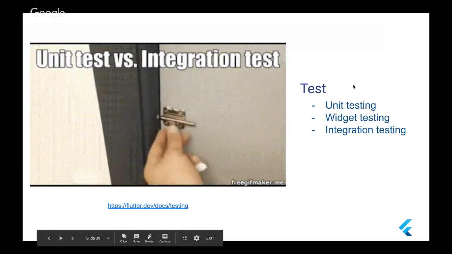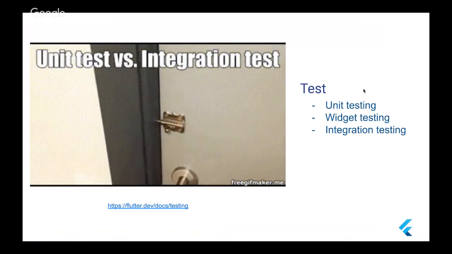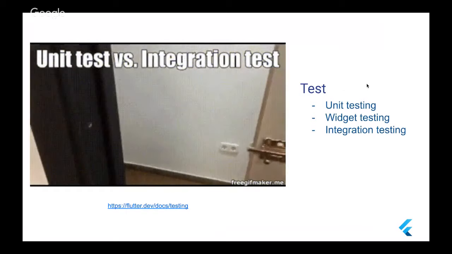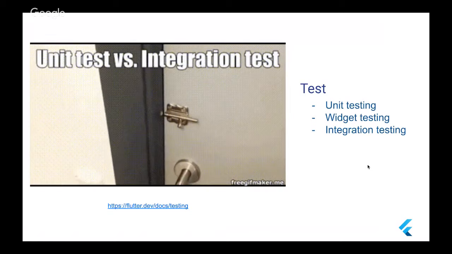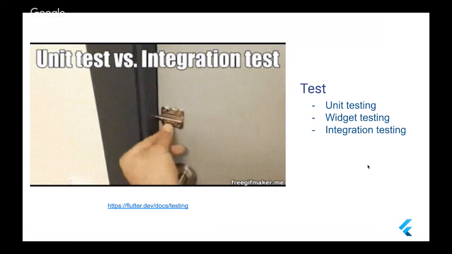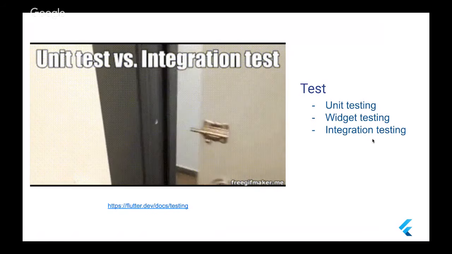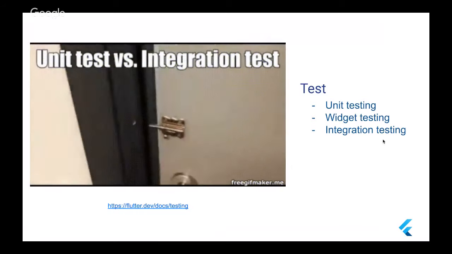When we are talking about testing, testing is very important. Many tools give you one way of testing, for example, unit testing, or 2 ways like unit testing and integration testing. With Flutter, you are getting 3 types of testing.